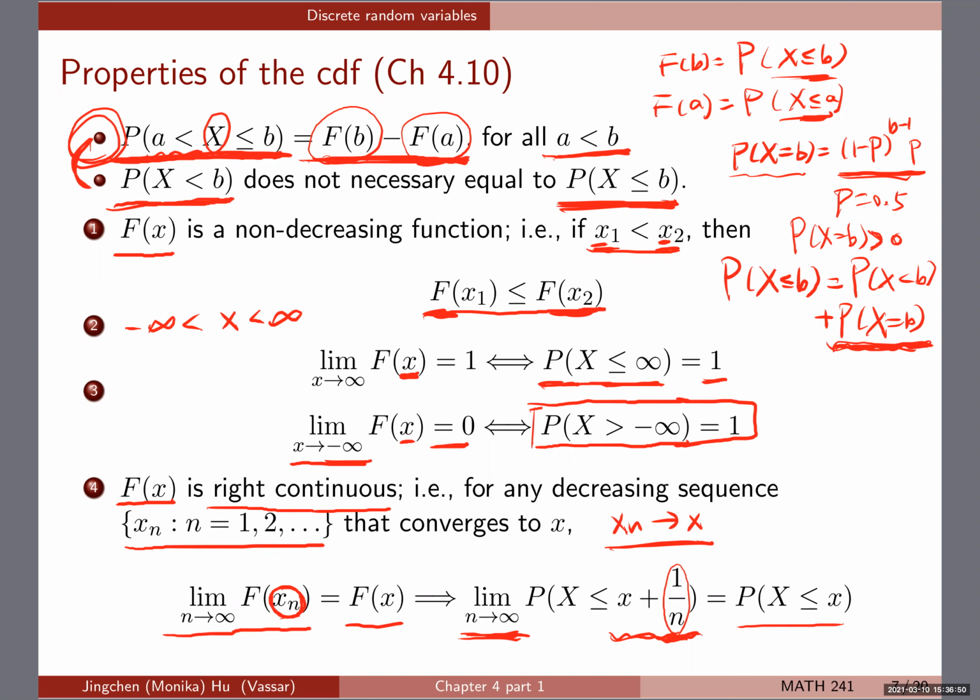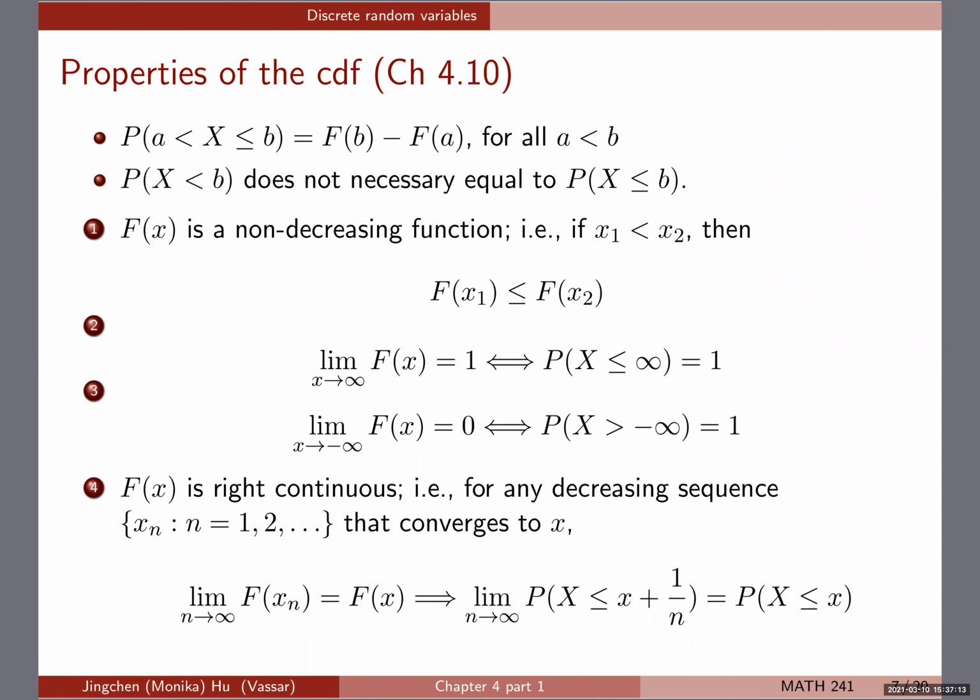Then the probability of capital X, the random variable, being smaller or equal to small x is just what we understood before as the CDF function itself. But this way of writing it shows that Fx is a right continuous function. So keep those in mind.